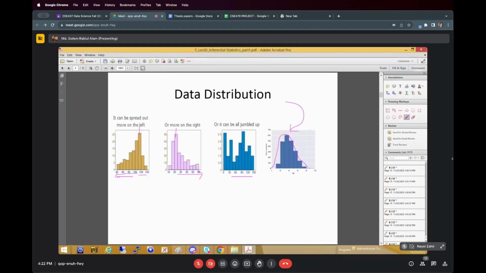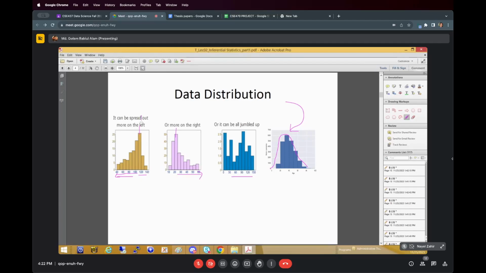The first concept is data distribution. If we have the data, and from the data we do some form of frequency distribution and plot it, then you will find a graph like this.